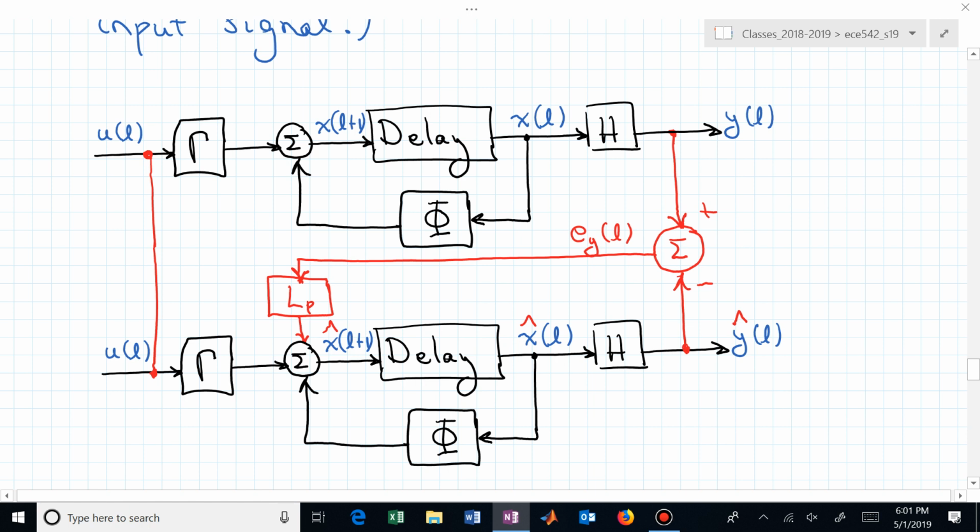And that L sub p is similar to what K was in our full state feedback approach, except now we call that L sub p our estimator gain, not the full state feedback gain. The selection of L sub p tells us how fast we want the estimator to be in forcing x hat to approach x.